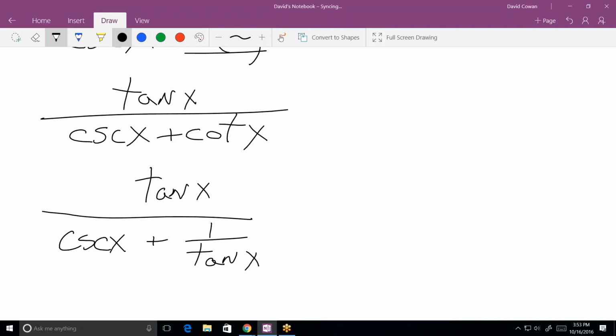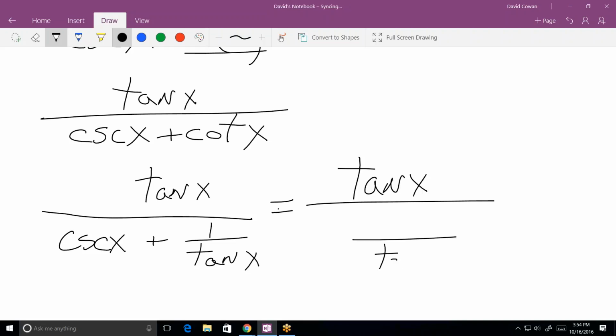Now, how do I handle the bottom? What I have to do is find a common denominator and add those two terms together. I'm going to go left to right just because I don't want to lose too much of the top here. So this becomes tan of x all over, well, the common denominator is going to be tan of x.